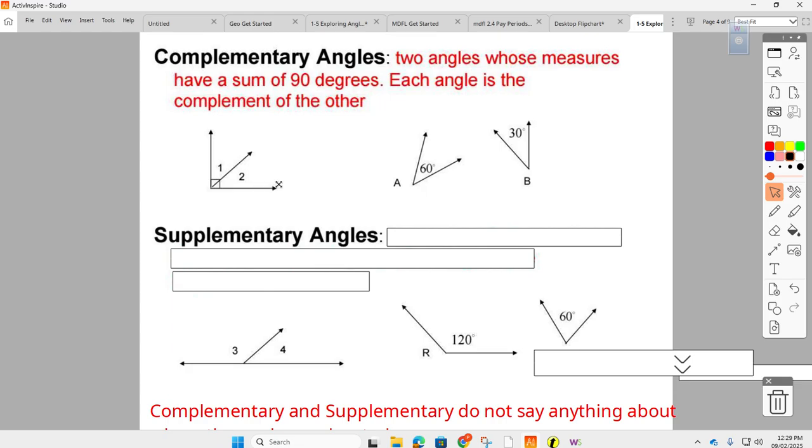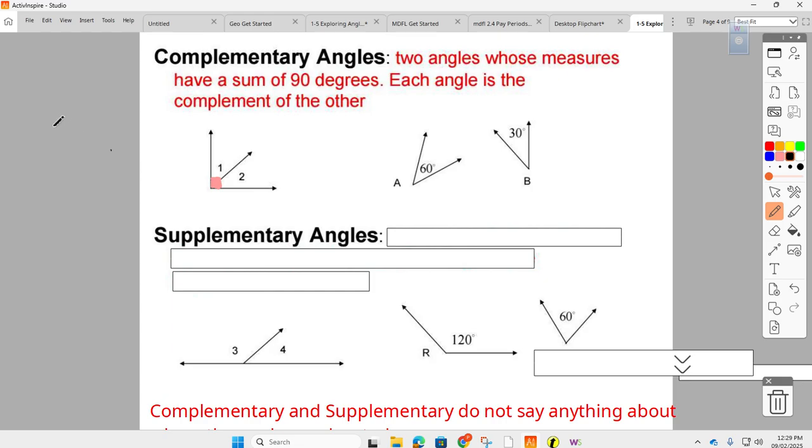So how do we know that angle 1 and angle 2 have a sum of 90 degrees? Remember, don't forget, this little box here tells me that this is a right angle. And we have to know that a right angle is 90 degrees, right? Sometimes that box is even filled in.